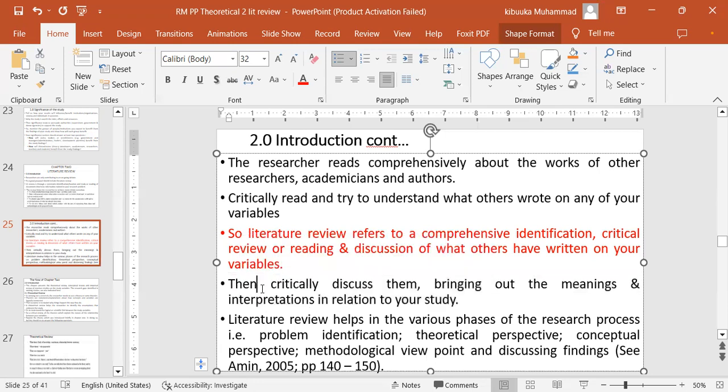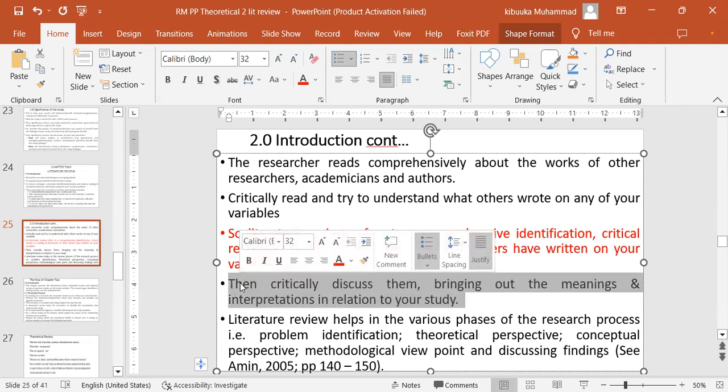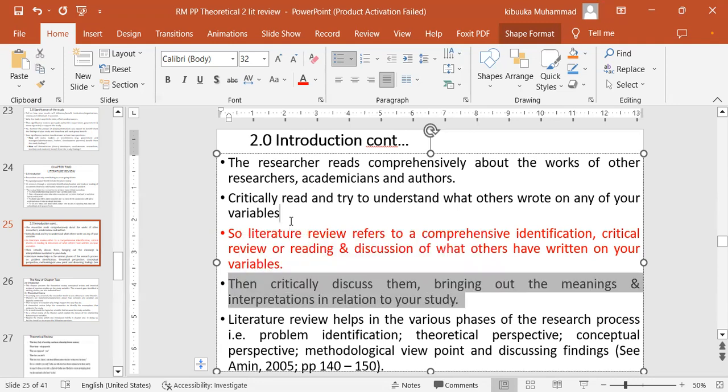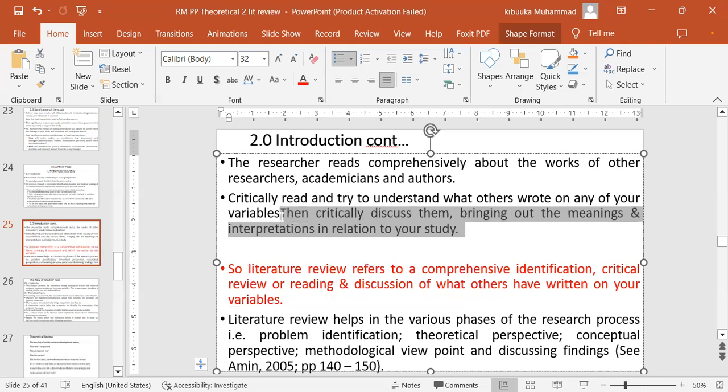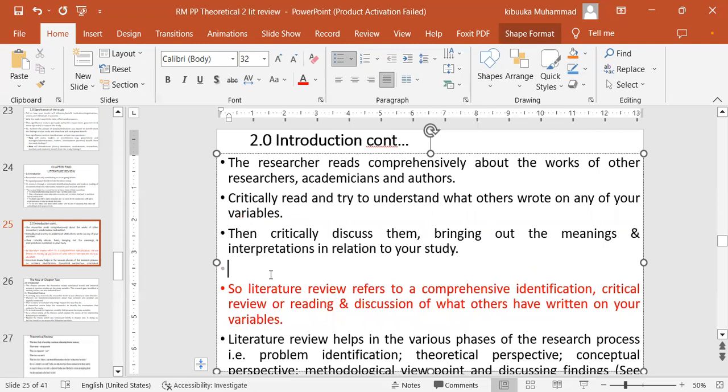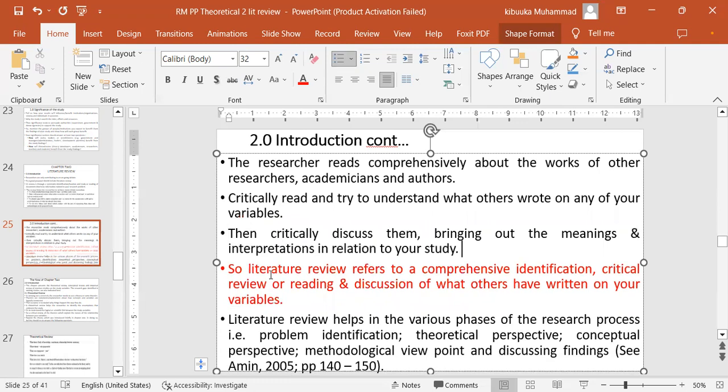And this step, we are beginning it from this point where we say, then critically discuss them. I think this point must be near this one. Therefore, I will bring it near here, where we say, then critically discuss them. You have read, you have understood, now you are writing.